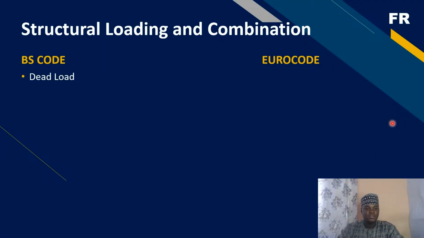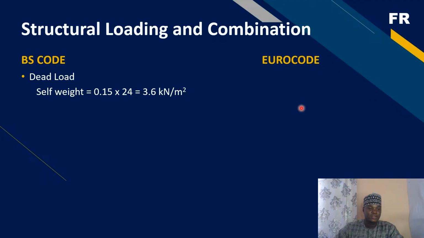For dead load, the first dead load to consider is the self weight of the slab. We assume a slab thickness of 150, convert it to meters, and multiply by the density of concrete, which is 24. At the end, you have 3.6 kilonewton per meter square.